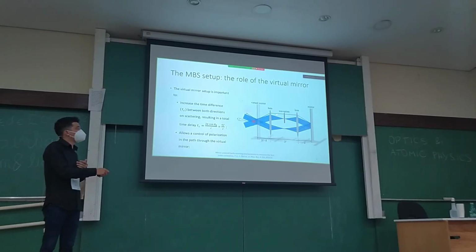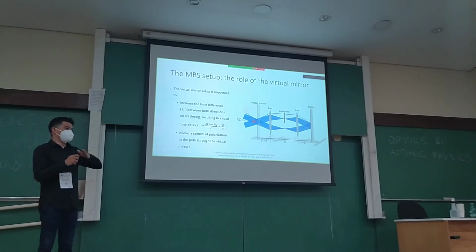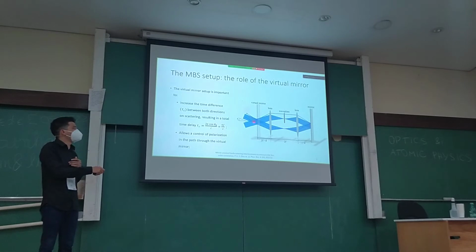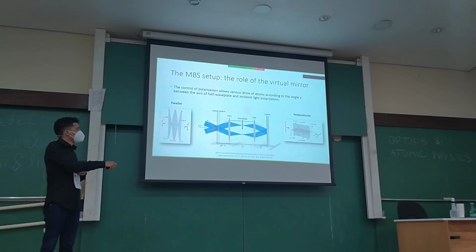This virtual mirror setup is also important because, since I'm pointing at my atoms with an angle with respect to the mirror, the paths that go to the real mirror and come back are separated. Then I can insert a wave plate in between these paths, and in this way I can control independently the polarization of the light that is scattered directly in my detection direction, and the light that is first scattered in the direction of the mirror and then to my detection direction.